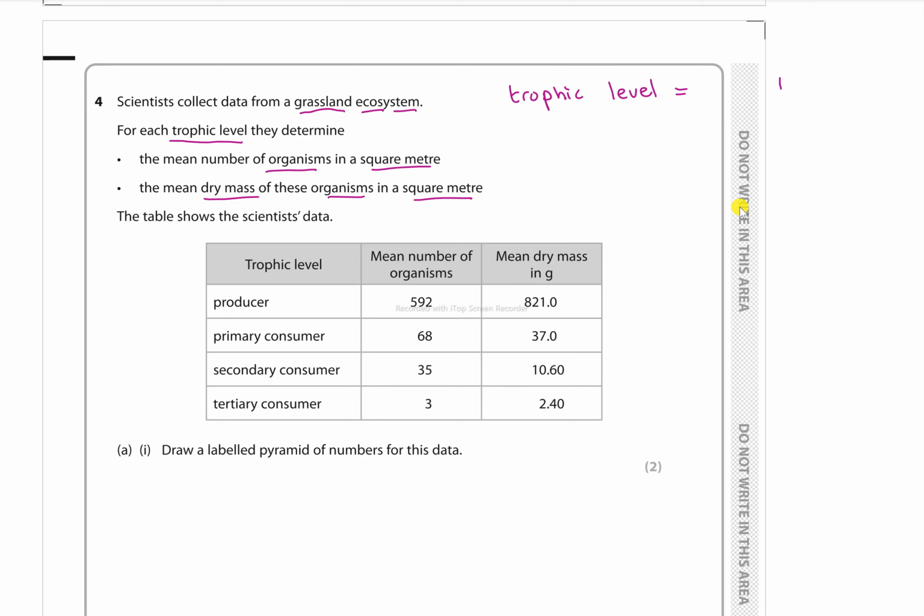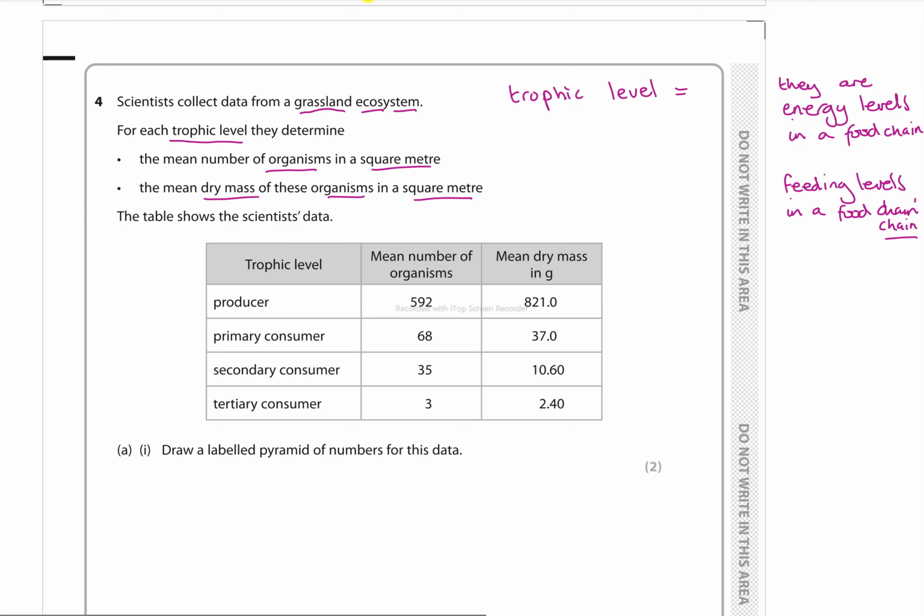You can say that they are energy levels in a food chain, or they are feeding levels in a food chain.